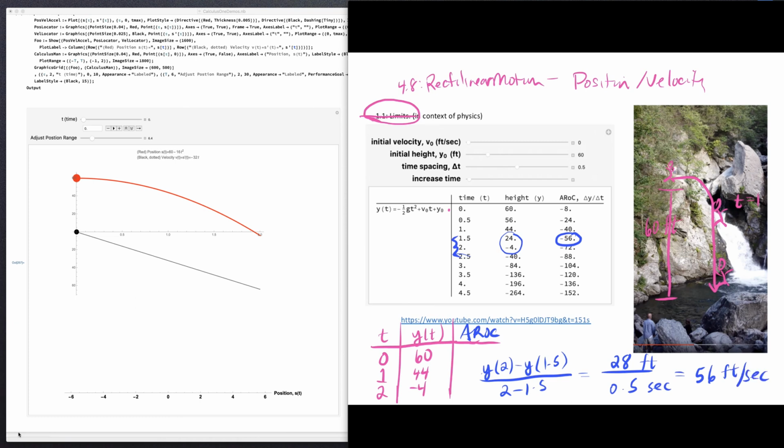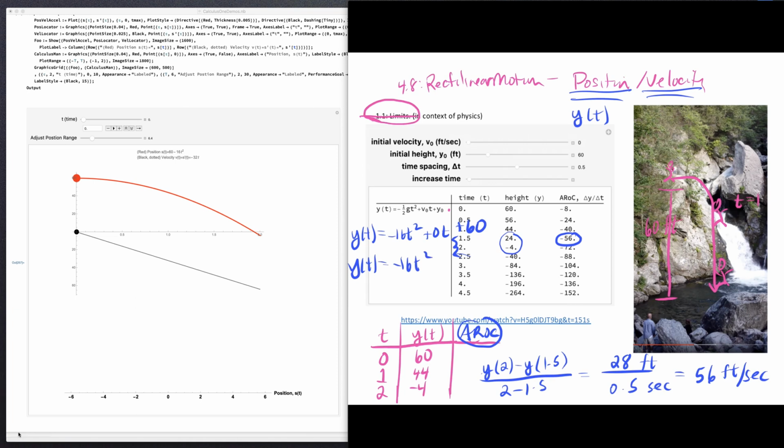So we were finding from this data that their position was given as a function of time, and the velocity, which is approximated by the average rate of change, can also be found from the height data. We know that gravity is 32 feet per second squared, so that's -16t squared. Let's assume this person just walked off the cliff, they weren't pushed, at an initial height of 60 feet.